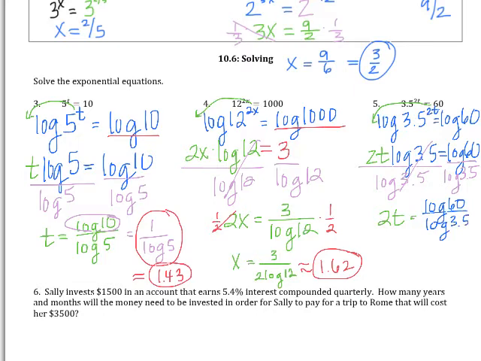Just like in number 4, I'll go ahead and multiply by 1/2 so that I get t equals log 60 divided by 2 times log 3.5. And when I type that in my calculator, I get approximately 0.48.